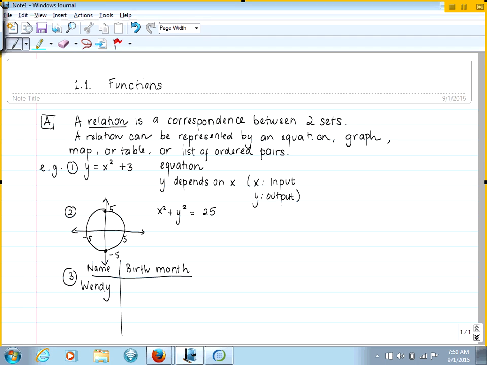September. Wendy is November. And then I am born in May. Anybody else? December. Jessica, April. Anybody else born in May, April, or November? Oh, Edwin, November.